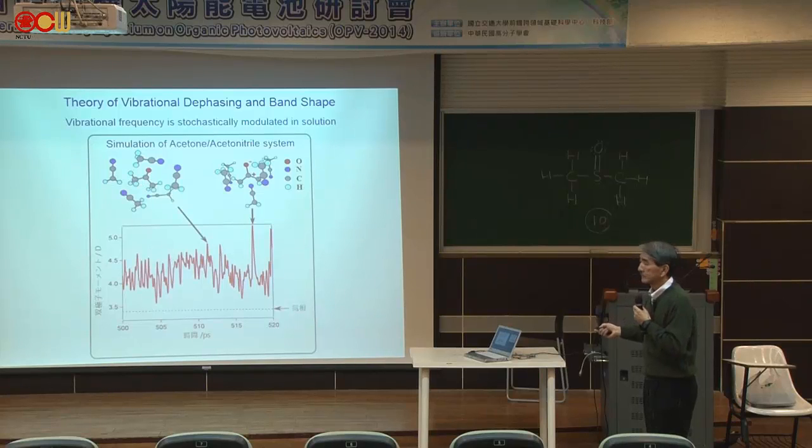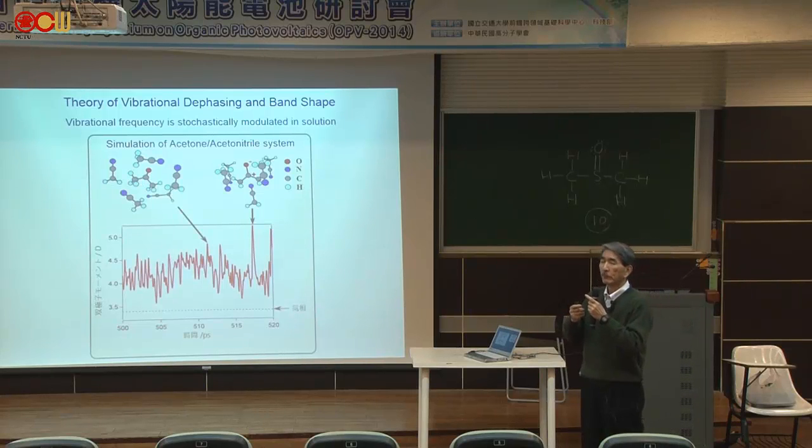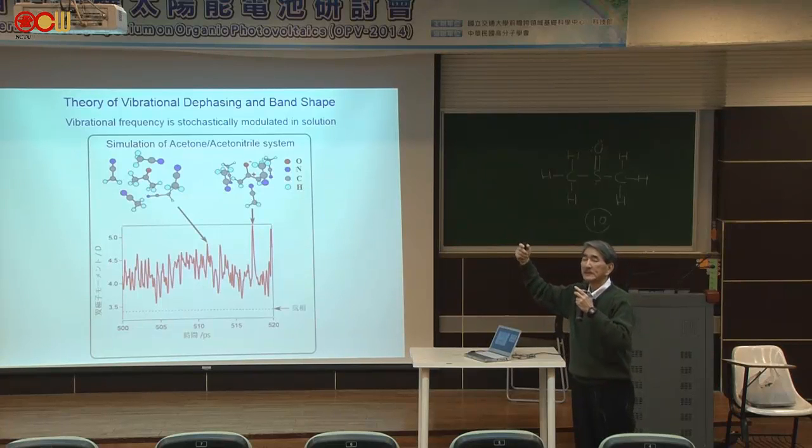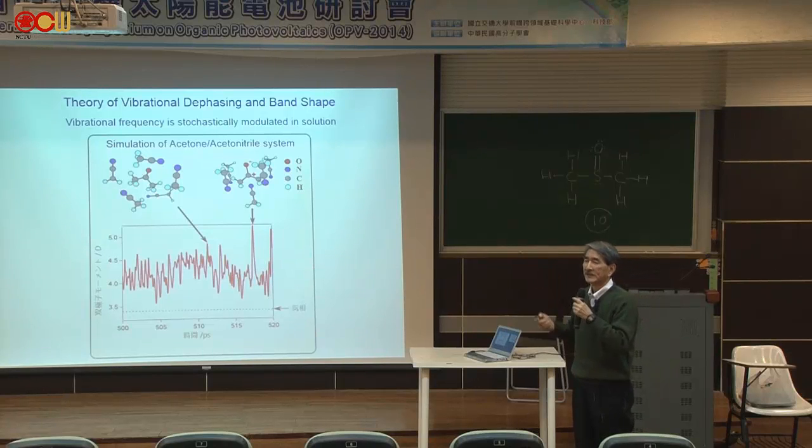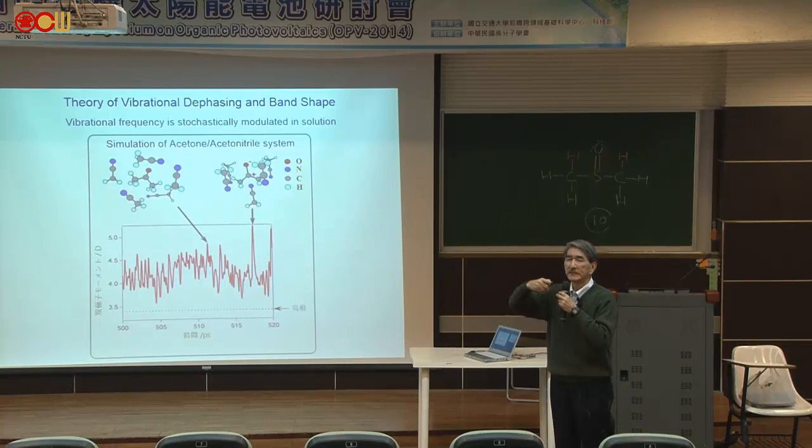Okay? If the CO bond is polarized, it becomes closer to a single bond, then the frequency is decreased. If you have no polarization, it's a double bond. So if the dipole moment changes, then the frequency changes. Then if the frequency changes, it causes dephasing. Because if it vibrates with the same frequency, then the phase is maintained all the time.